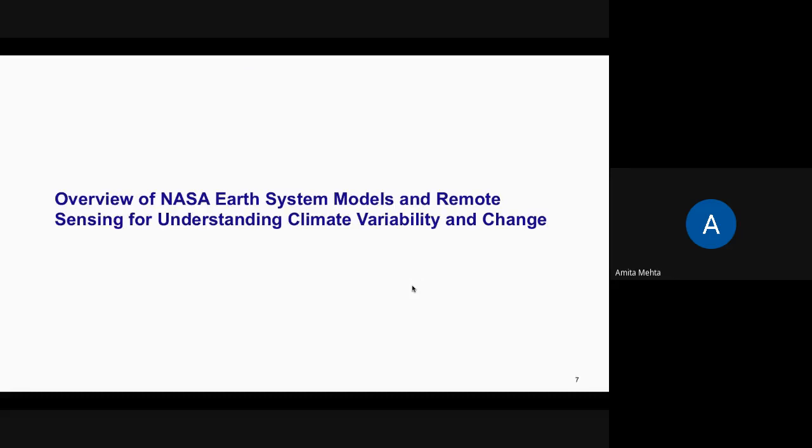That's the goal. So with that, we'll start with an overview of NASA Earth system models and remote sensing data for understanding climate variability and change. And we'll focus again on the water component in that.